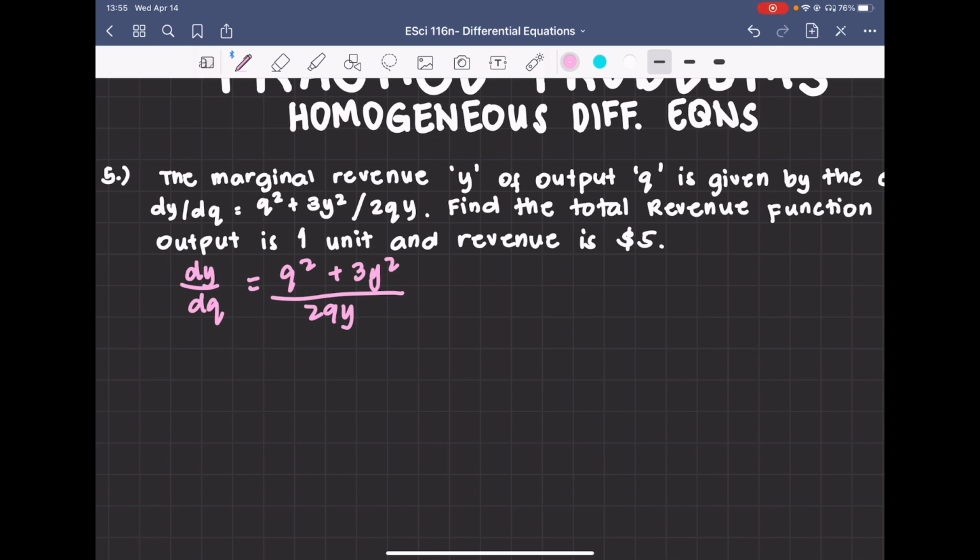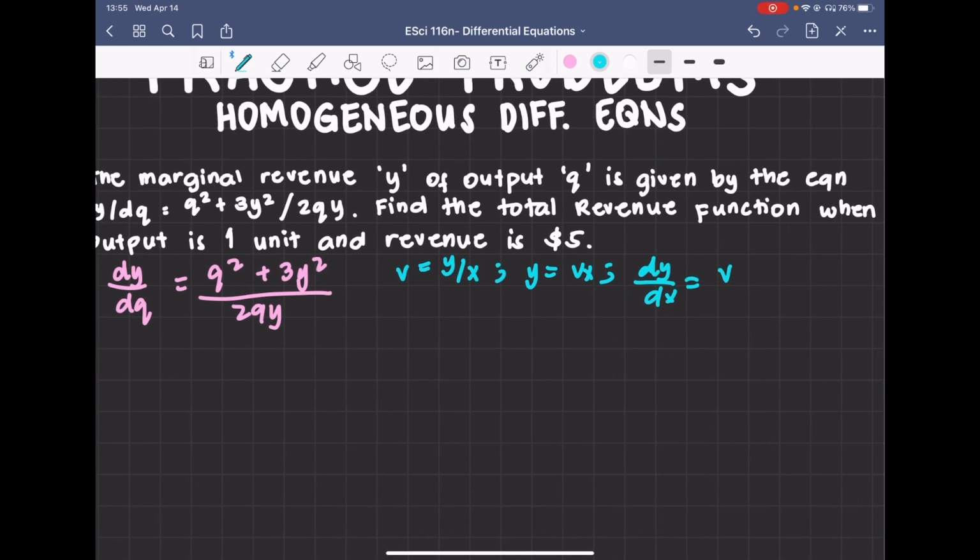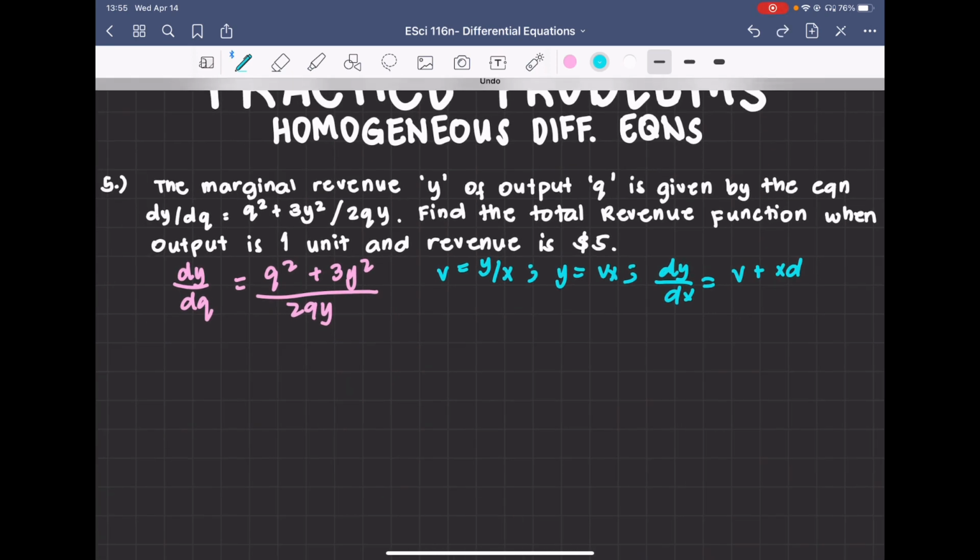And then again, remember our v equals y over x, our y equals vx, and our dy over dx equals v plus x dv over dx. Since in this case our independent variable is q, let's just replace all of the x into q.